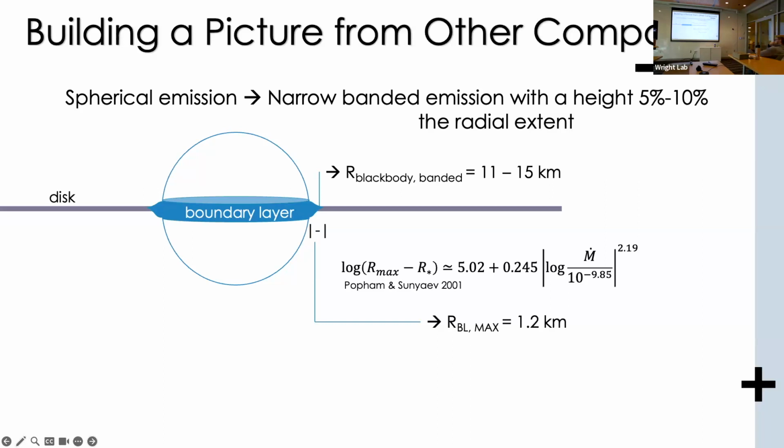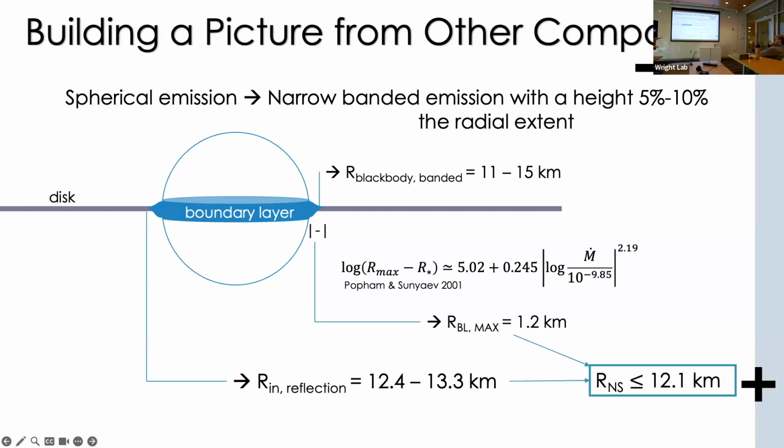You don't have to know the radius of the neutron star beforehand. Is roughly about 1.2 kilometers. So if we combine this with what we know from the reflection modeling, we get a maximum upper limit on the neutron star of about 12.1 kilometers.